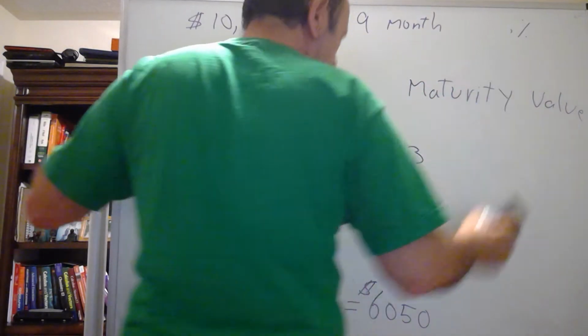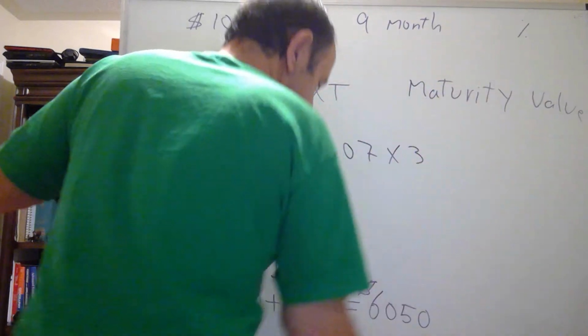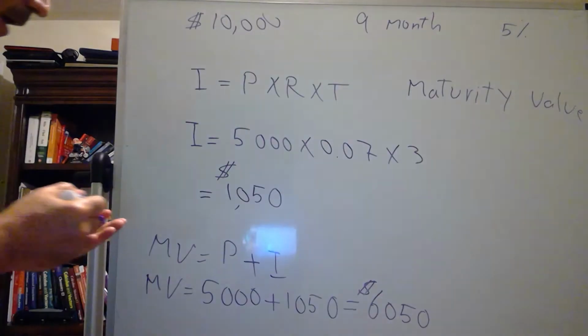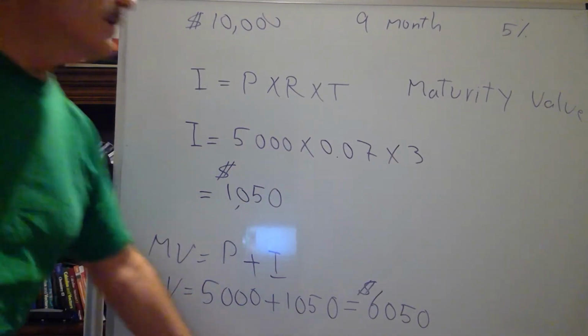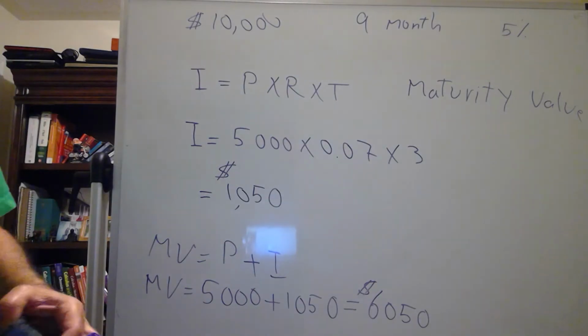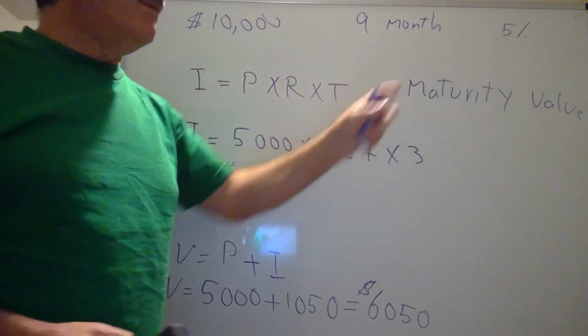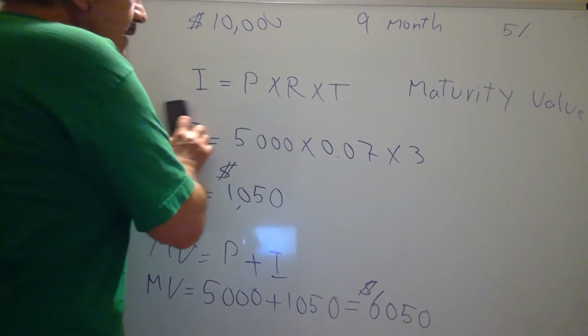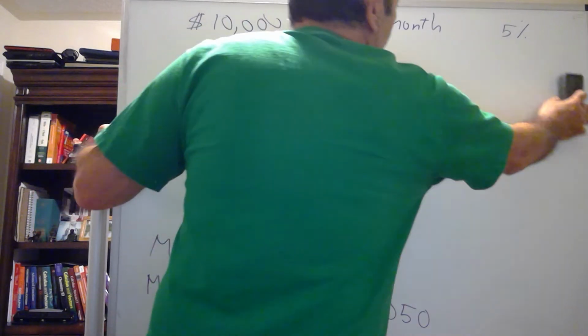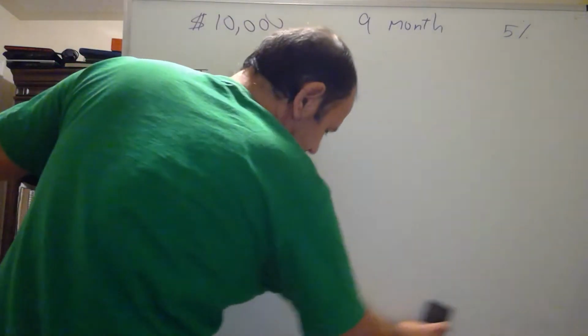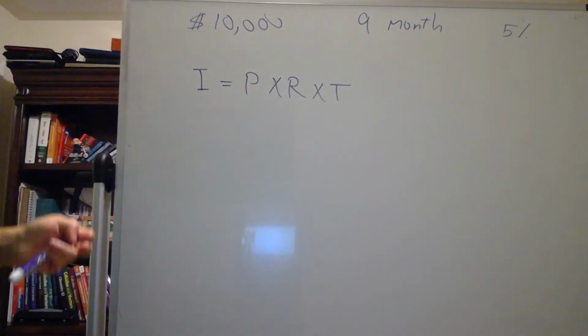Let me just make it 5% to make sense. Now, I borrowed $10,000 for 9 months with the interest rate of 5%. Annual interest rate is going to be 5%. How much should I pay at the end of the term, at the end of the 9 months?